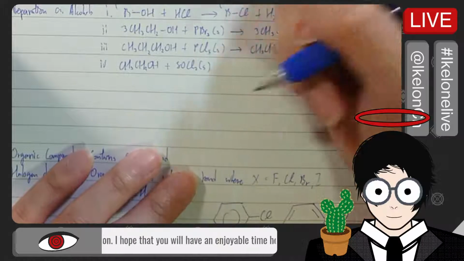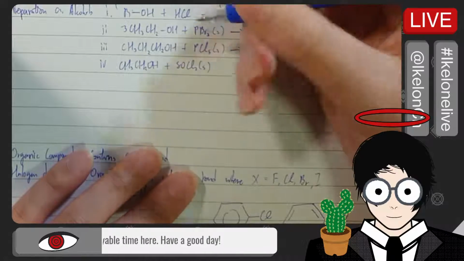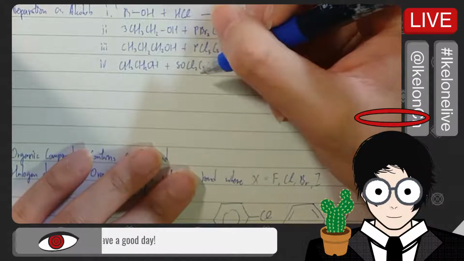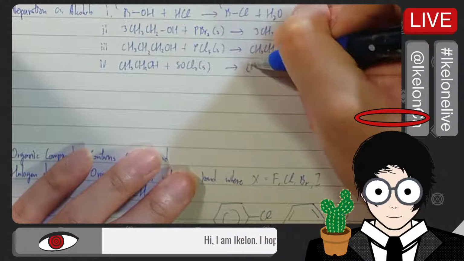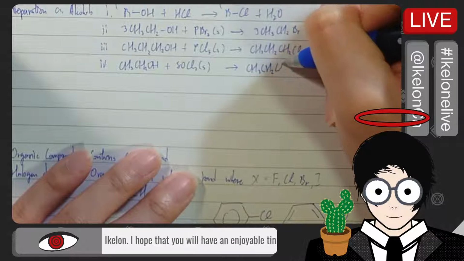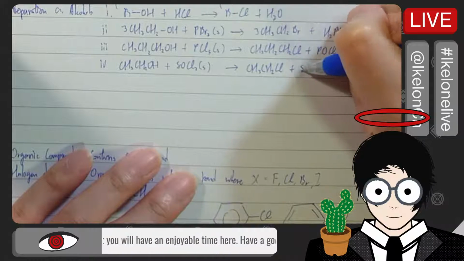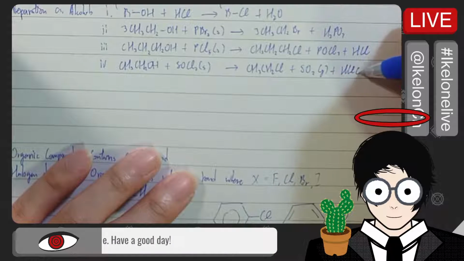It just means dry, it means there's no water. And when there's no water, this compound is a solid. So that's why we put a solid state symbol there. And we'll get this: CH3CH2Cl plus SO2 gas plus HCl gas.